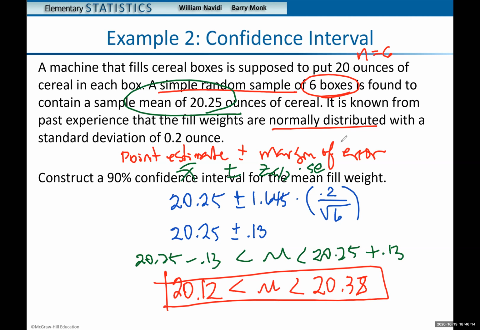That is correct. Or sometimes you can write, if you want to be specific based on the problem, we are 90% confident that the mean fill weight is between 20.12 and 20.38. Any questions? You sure? No questions?